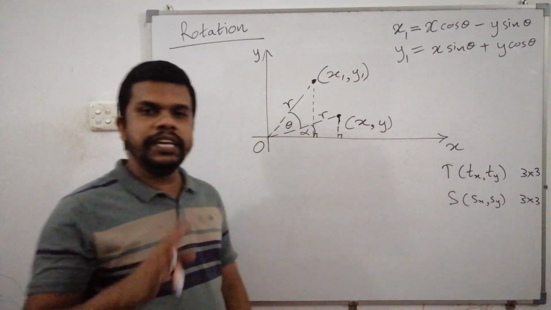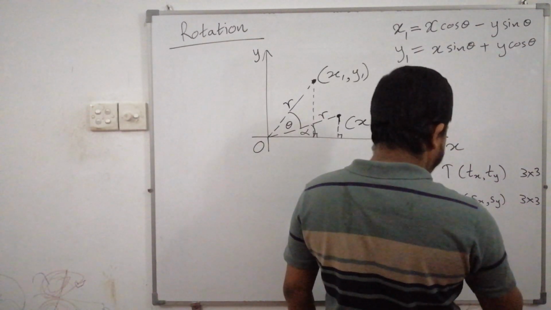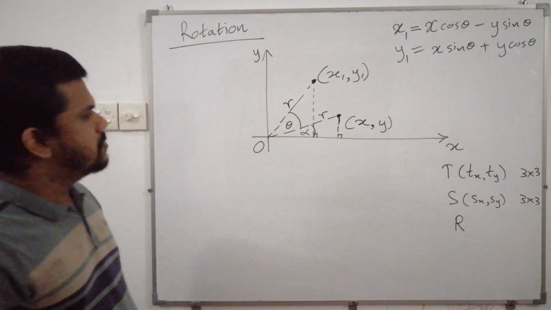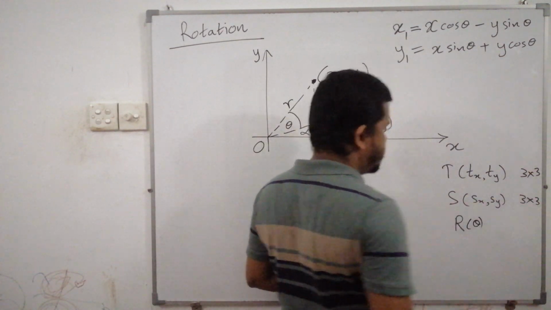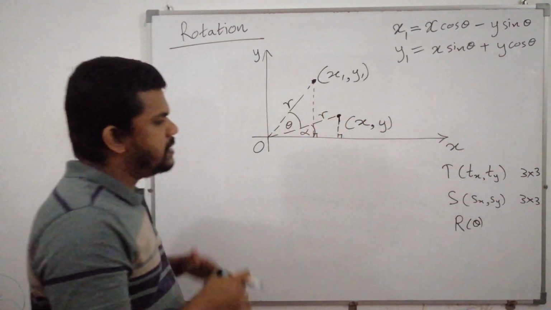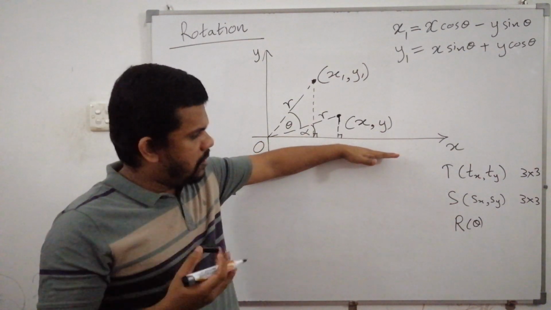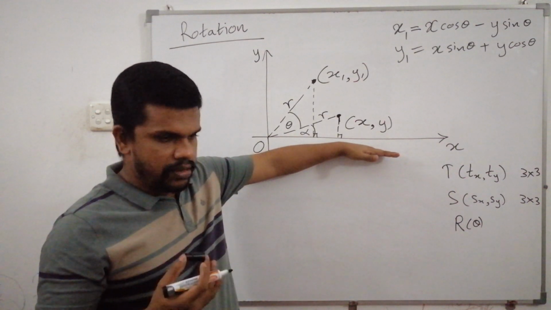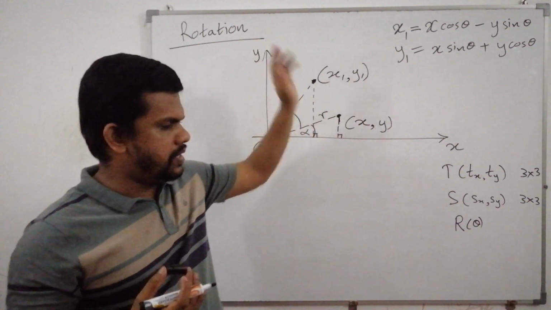In order to keep the consistency, here we are going to find our rotation matrix. In this situation, we have only one parameter, theta. The theta is measured from the positive direction of the x-axis in anti-clockwise order.